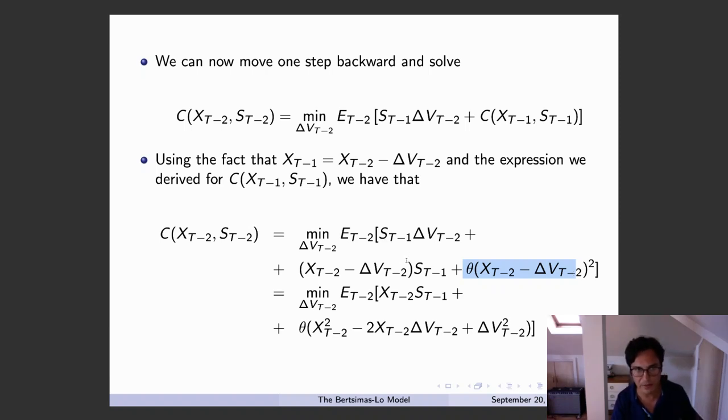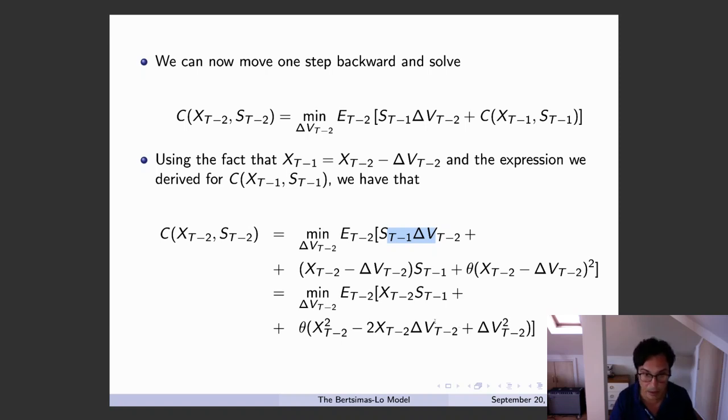So we're trying to get rid of everything which has a T minus 1 in it. So we got rid of the x at T minus 1 quantity. We also want the delta V at capital T minus 2 to appear, because that's what we are solving for. So first, very simple substitution. Then things simplify: this term goes away with this term, so we have a slightly simpler expression.